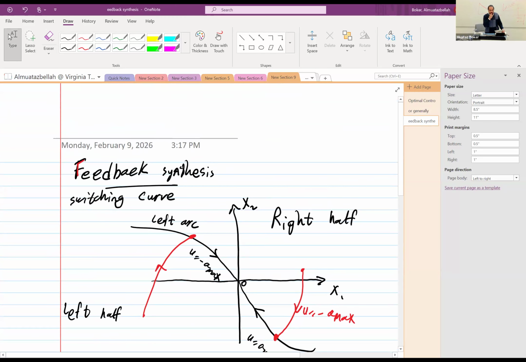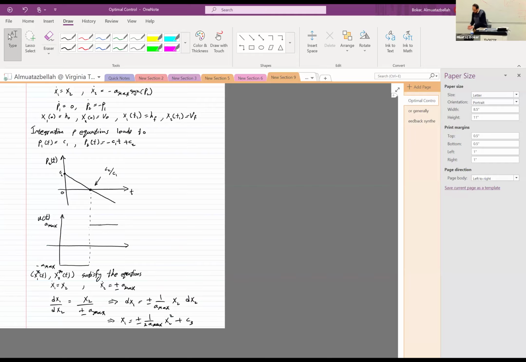Okay, let me double check on that, because it depends on the final point. There is a difference between the final point x1 and x2 and the final cost. Probably in this problem, because we don't have a final cost, this is why I'm hesitant to say yes or no to your question. I need to think about that.